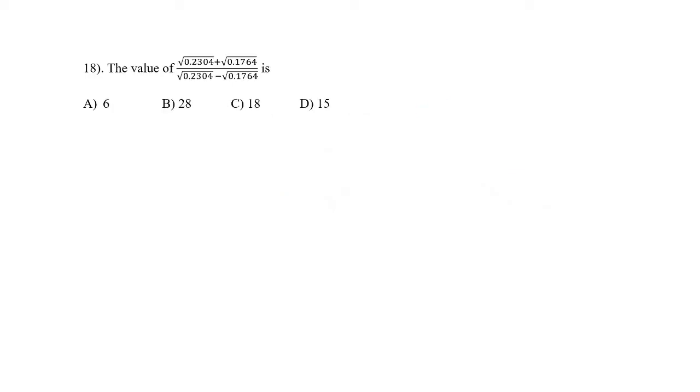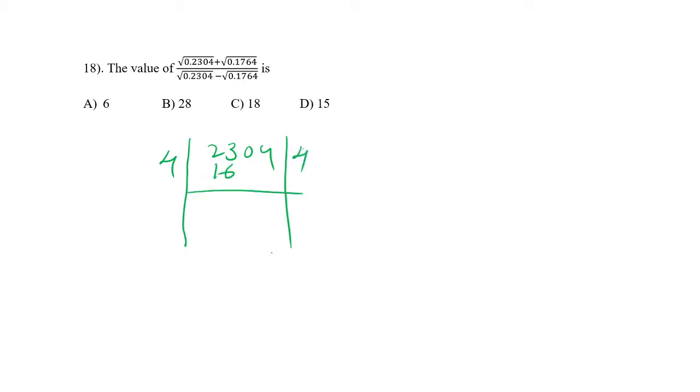Now 18th question. The value of, first of all, find out the square root of 2304. So 2304. Find out the square root value. 23, the nearest square value is 16. 4 4s are 16. 4 and 4.